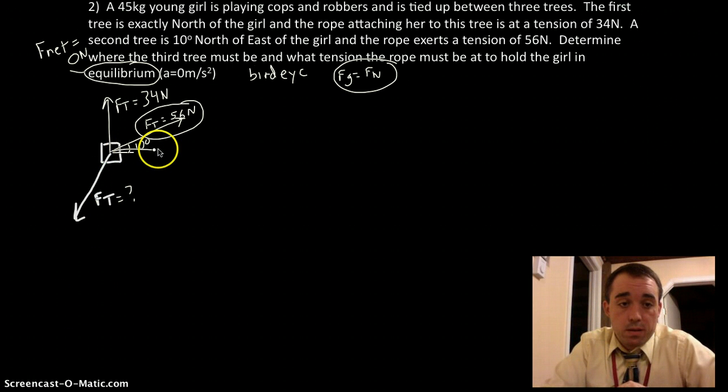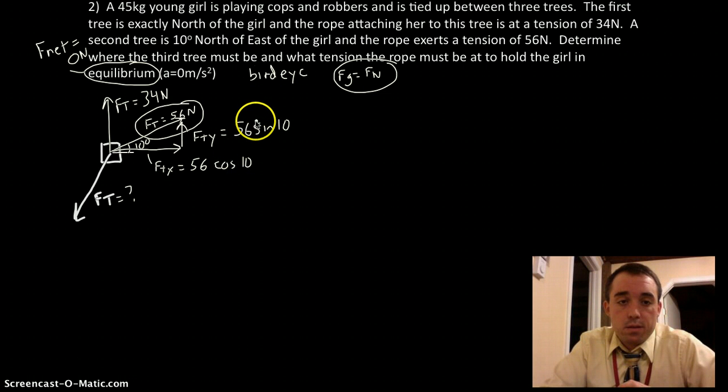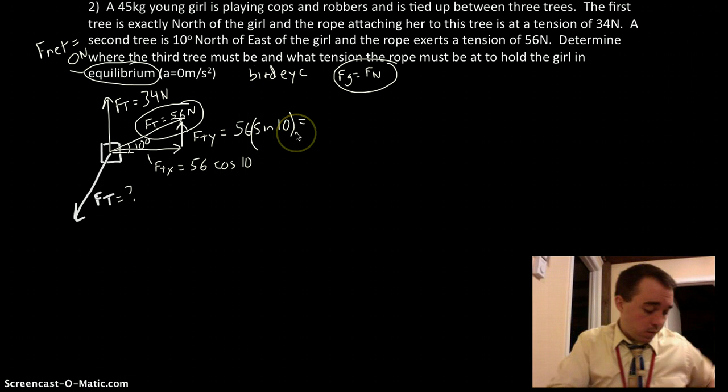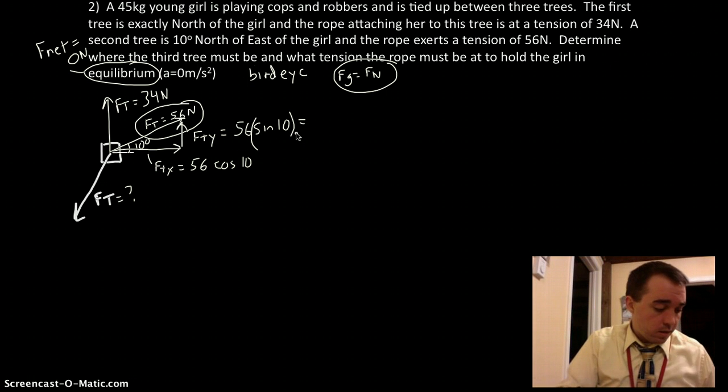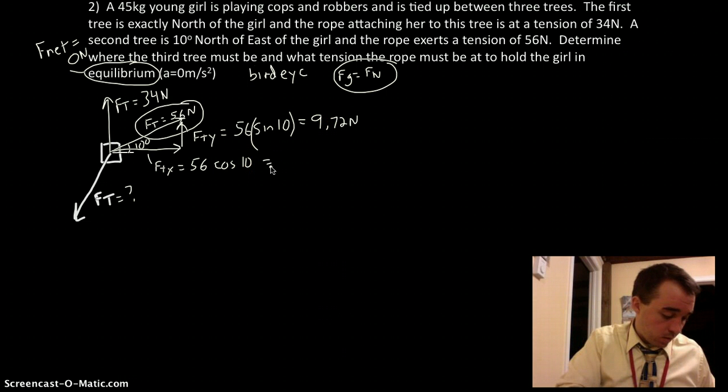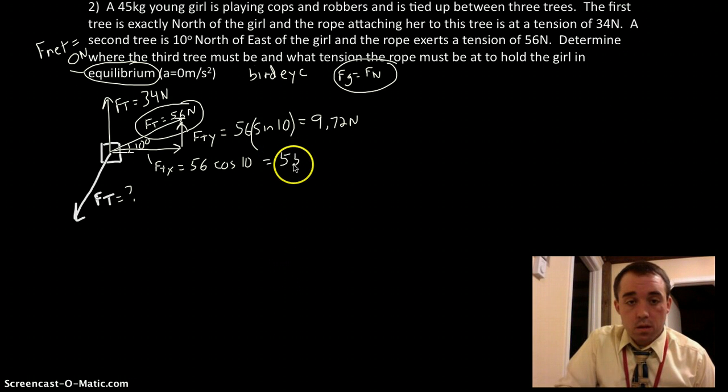And to do that, we use sine and cosine, where this Fty is 56 times sine of 10 degrees, and this Ftx is 56 times cosine 10 degrees. 56 times sine of 10 degrees is 9.72 newtons. 56 cosine 10 degrees is 55.15 newtons.